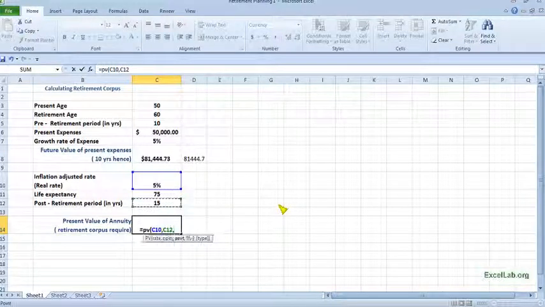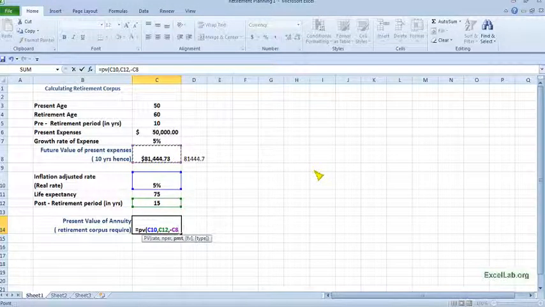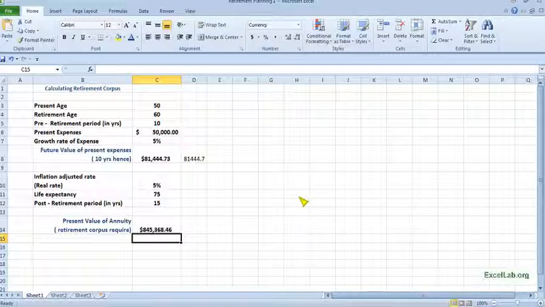Then PMT, which is annuity, and here we require PMT, so I'll put minus, and each year he requires 81,444. I'll close the parenthesis and enter. So this is the amount. Here it is approximately $0.85 million that he requires as a retirement corpus.